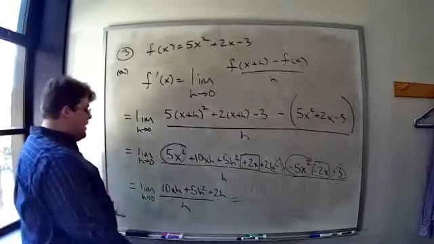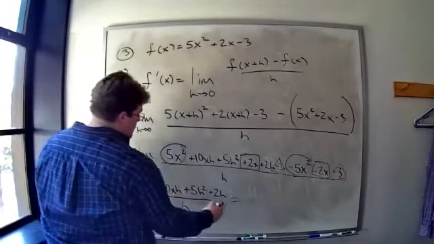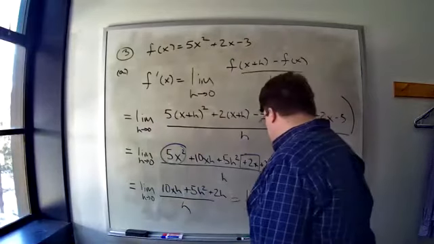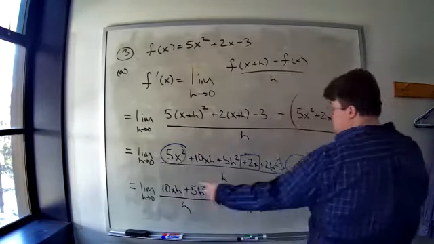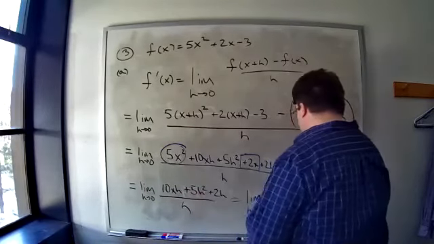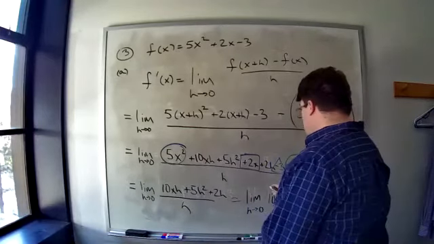And now, if you let h equal 0, you again get a 0 over 0, but notice all of these terms have an h, so you can cancel an h from each thing. And what are you left with? Cancel an h from that, you have 10x. Cancel an h from that, you have 5h. Cancel an h from that, you have a 2.